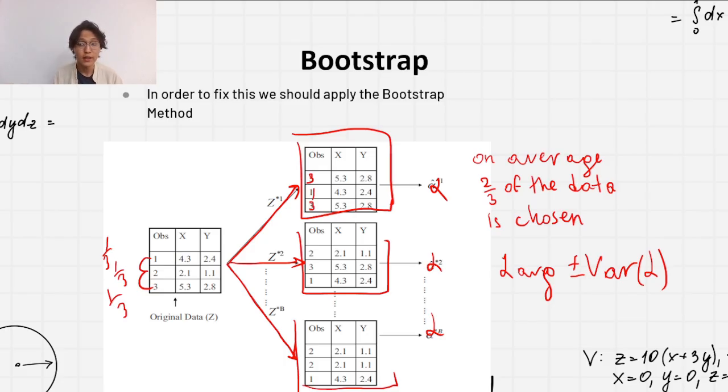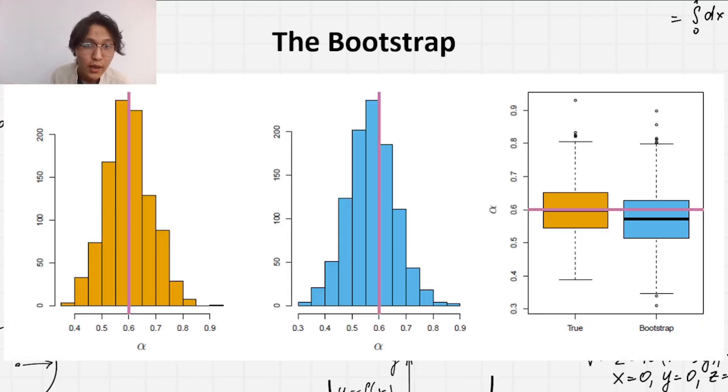And let's actually see if the bootstrap method performs well. And it does, as we see here. Let's say our alpha on true values is 0.6. The bootstrap method performs almost the same. It has almost the same alpha. And then we see that the shape of the curve is almost the same.